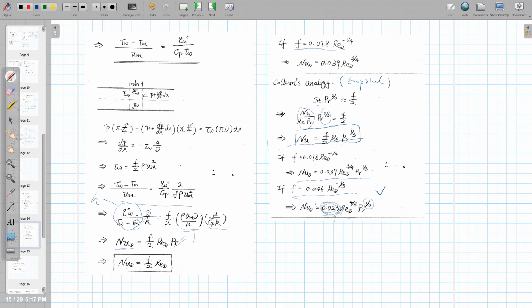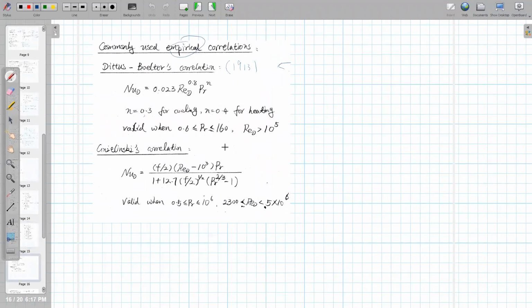And this one got Prandtl number to the 1/3, and we know that 1/3 is 0.3333, while for this correlation, n is either 0.3 or 0.4. So 1/3 is something between these two. This correlation is used when the Prandtl number is in this range and the Reynolds number is very large.